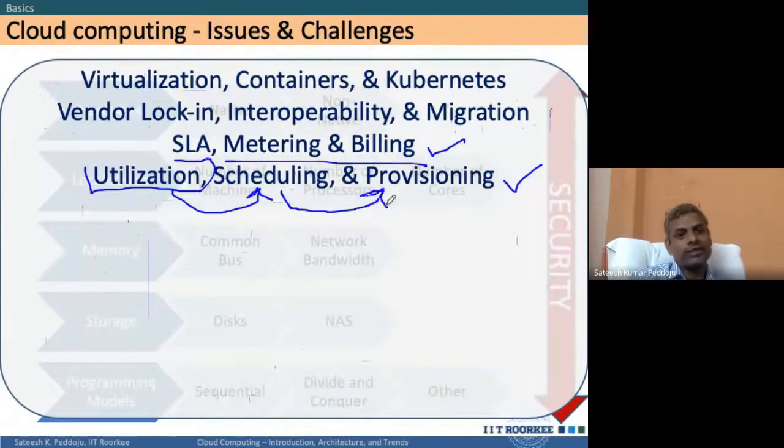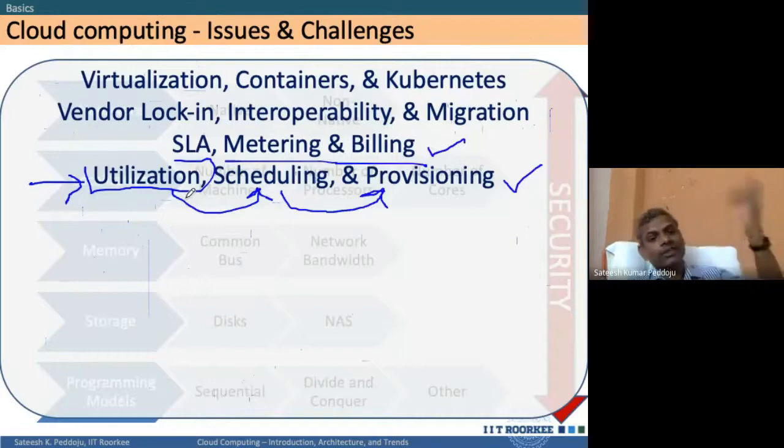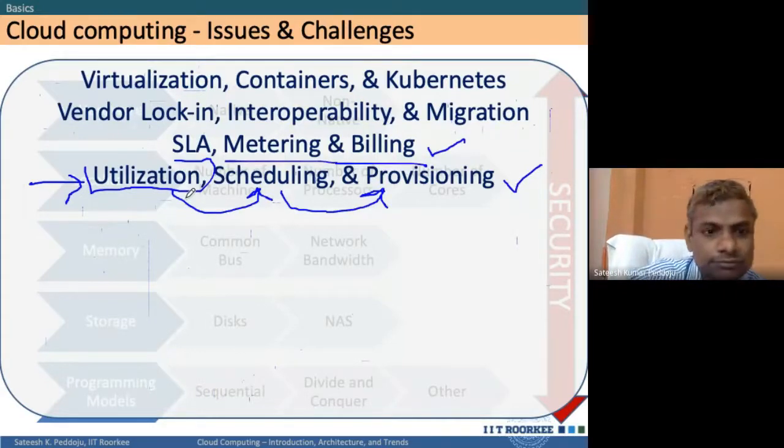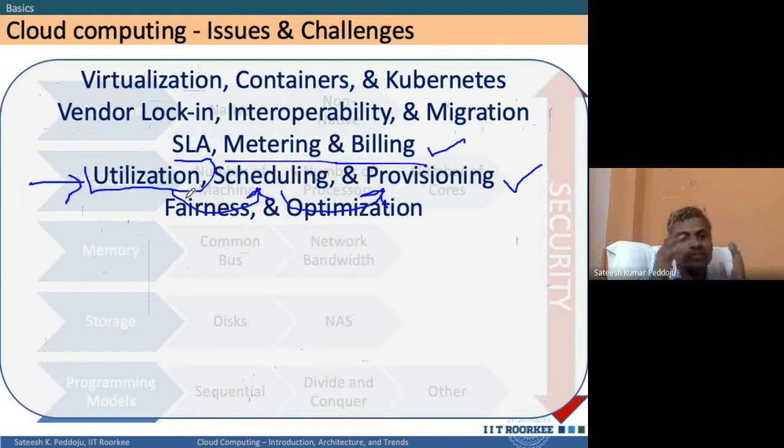These three are very important concerns, a kind of backend support for your cloud. Without efficient utilization, your billing will increase. If efficient provisioning is not there, then the customer will be disappointed. That's why there must be a mechanism to balance the load and efficient scheduling approaches, and all this must happen in a fair manner and with optimization.